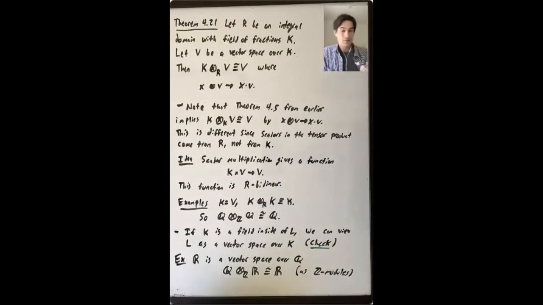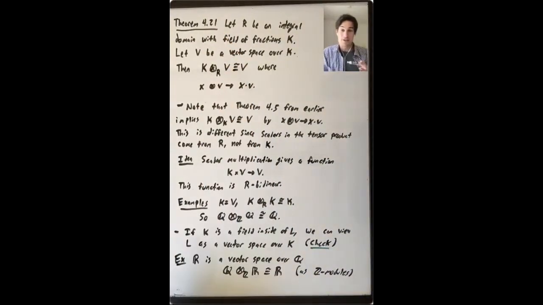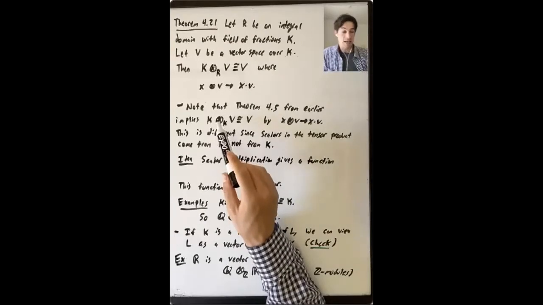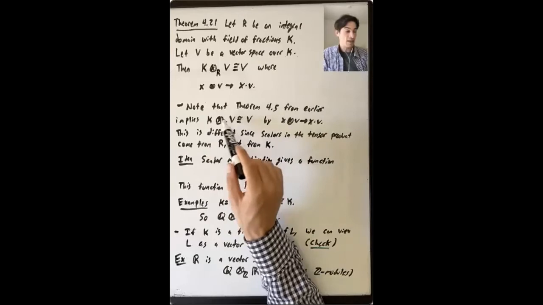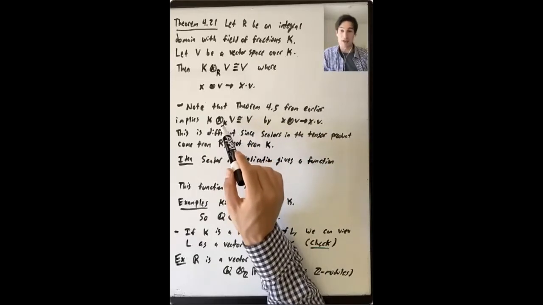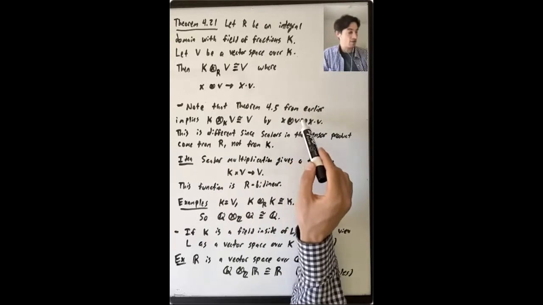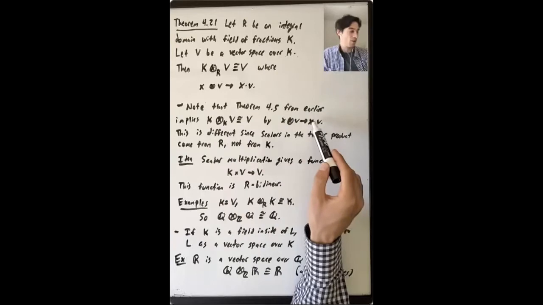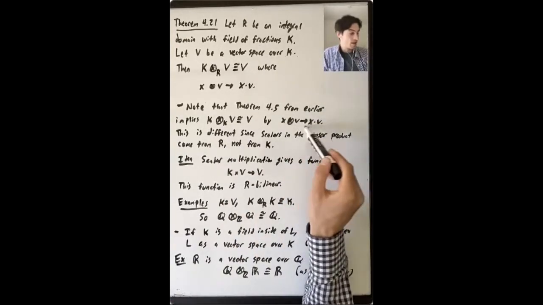Okay, so this is directly related to the result that we just saw. Theorem 4.5 from earlier implies that if you take K tensor V, this is isomorphic to V if you think of K and V as K modules. And this property of taking x tensor v to the scalar multiple x times v, that's the same property here.